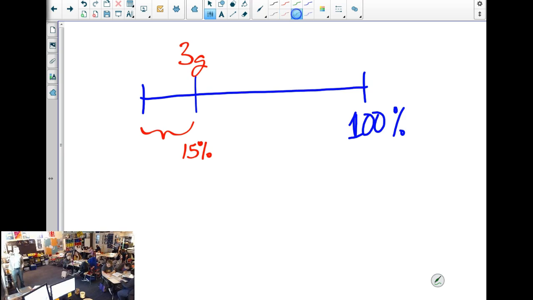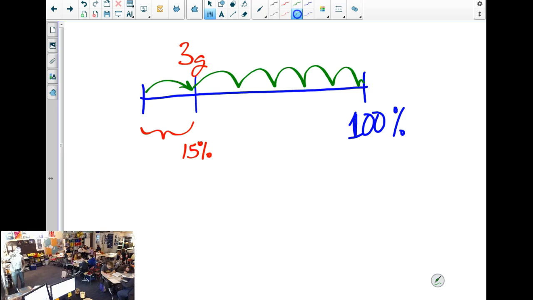If I ask you how many of these we need to get all the way to 100, we can figure that out through Sky's math. 100 divided by 15% tells me 6 2/3. So I would have to jump this to 3, 4, 5, 6, and a little bit more. So my drawing's not 100% accurate.